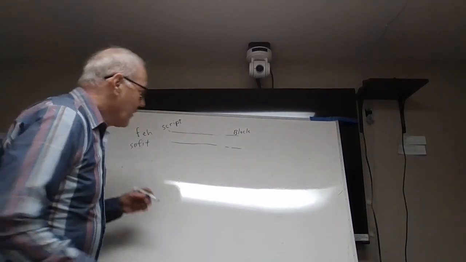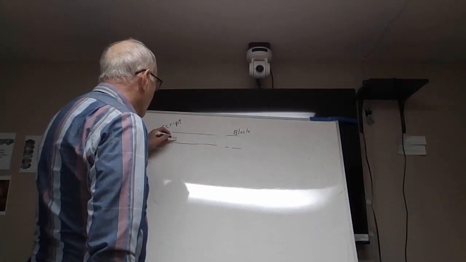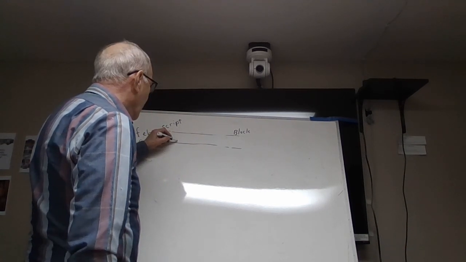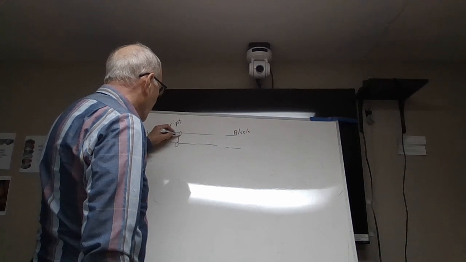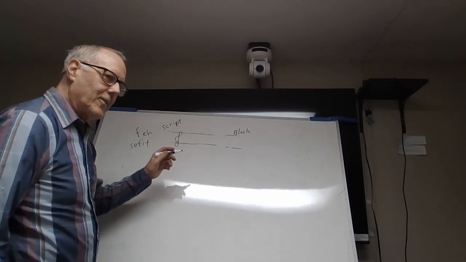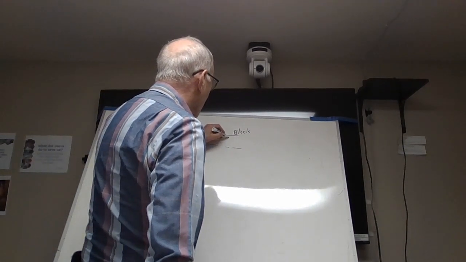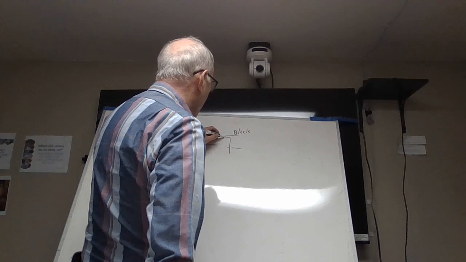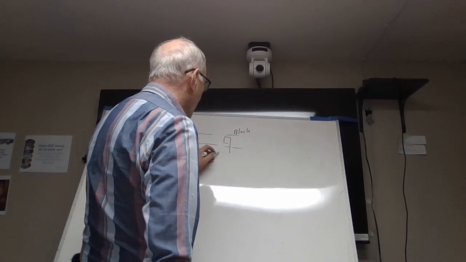Okay. So our Fe Sofit in script, which you're not learning, starts at the bottom with a loop, goes to the top, has another loop, and comes down, and it looks kind of like a treble clef. In block, it starts the same as a regular Fe, but it doesn't have this tail on it.